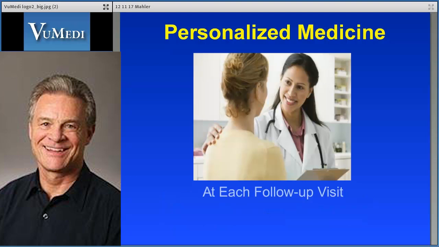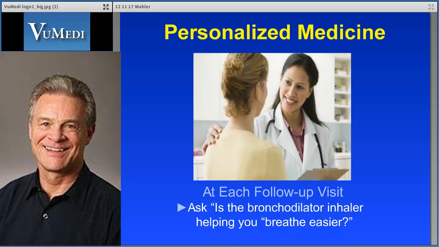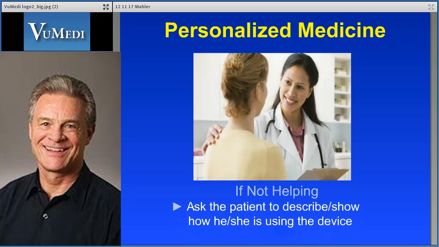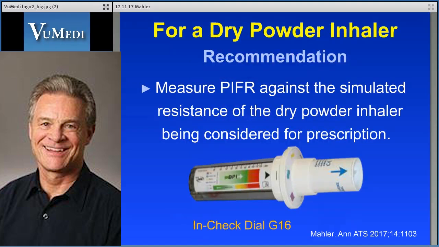At the follow-up visit, the healthcare professional should ask the patient, is the bronchodilator inhaler helping you to breathe easier? If it's not helping, then ask the patient to describe or show how he or she is using the device and review correct technique.